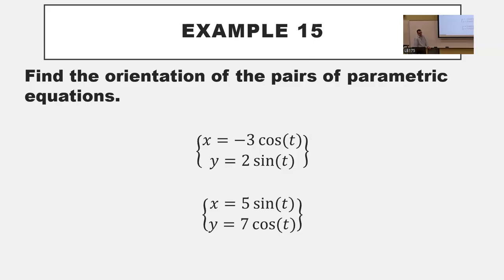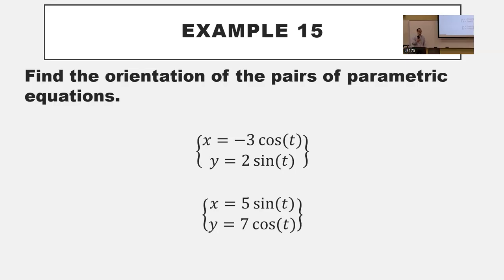So let's take a couple of examples here. And I'm going to show you the easy way to do orientation. The easy way to do orientation is through technology. Let's take this first pair of parametric equations. The x equals -3 times cosine of t and y is equal to 2 sine of t.